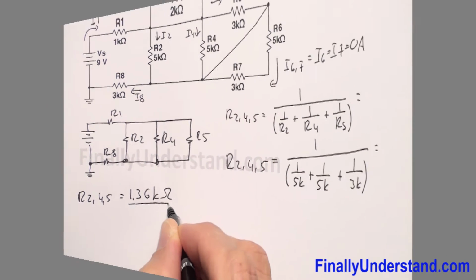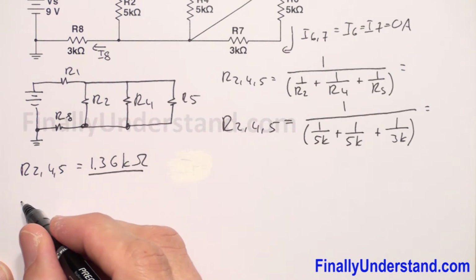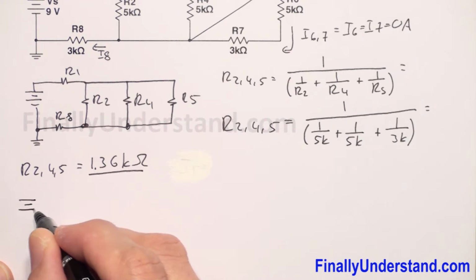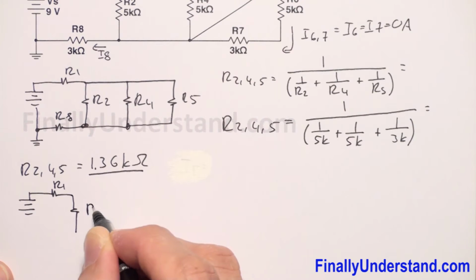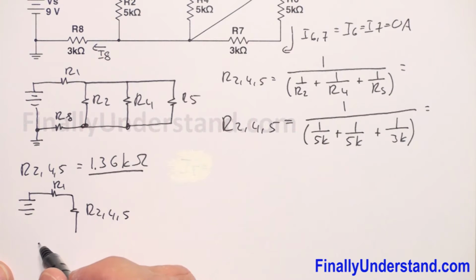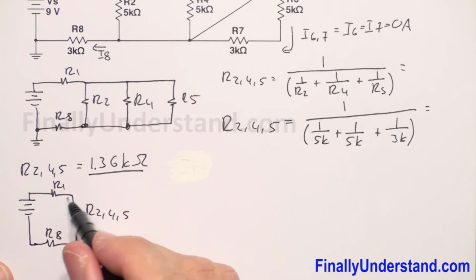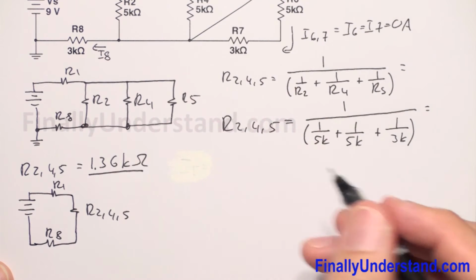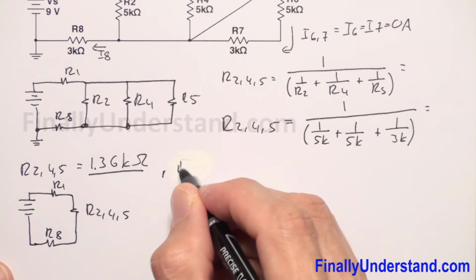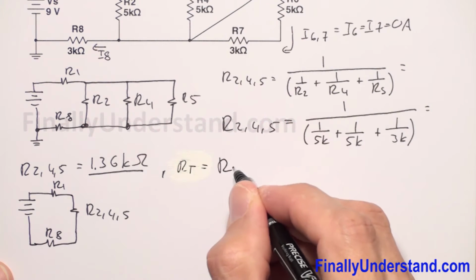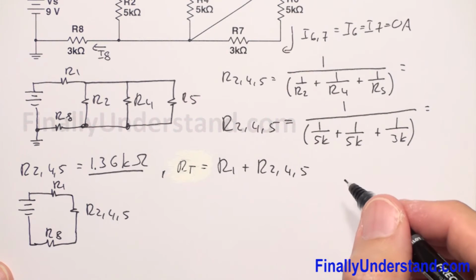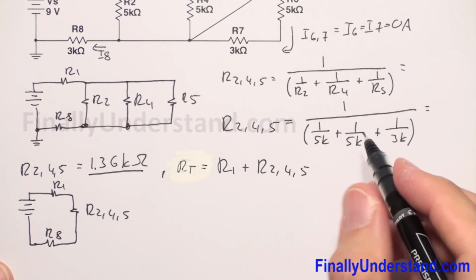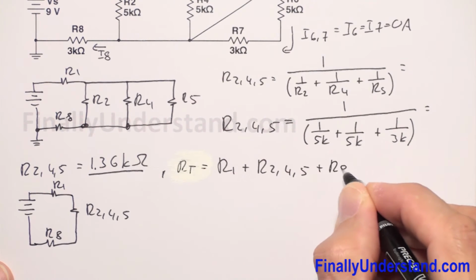Next, I'm going to redraw the circuit with the voltage source, R1, R245, and R8. Now you can see that all these three resistors are in series, so you can find the total resistance. R total is equal to R1 plus R245 plus R8.